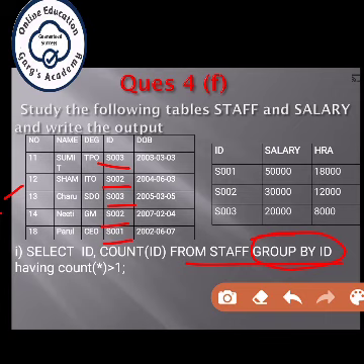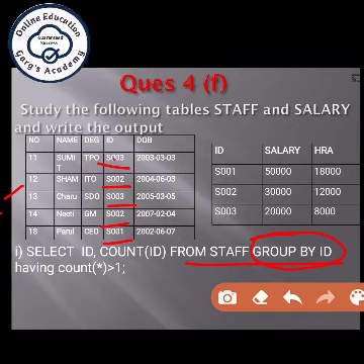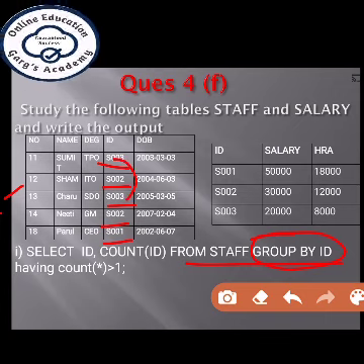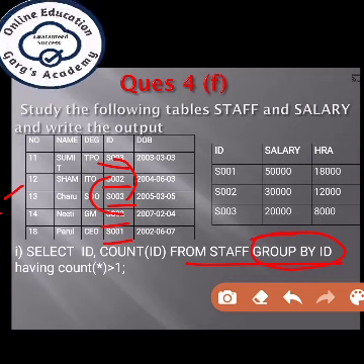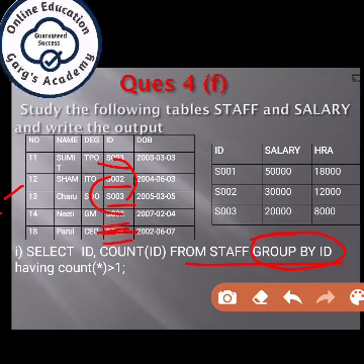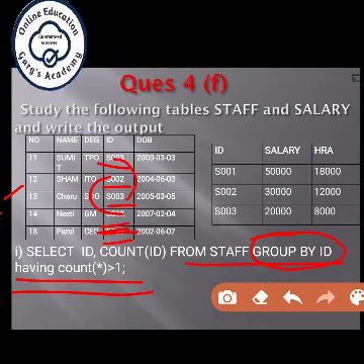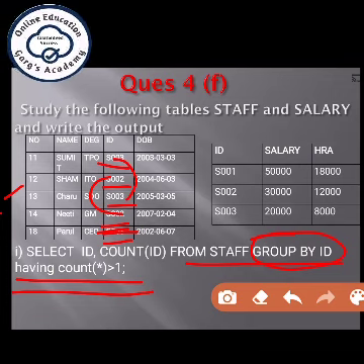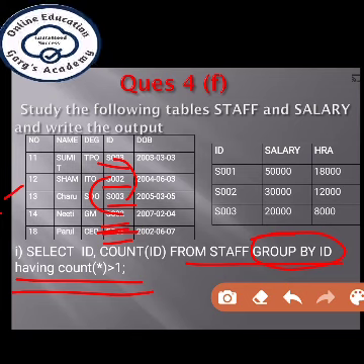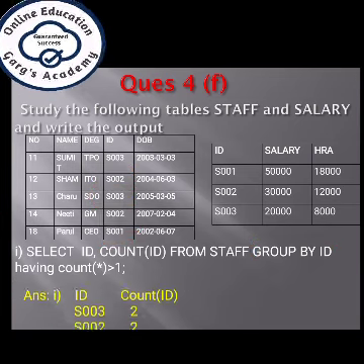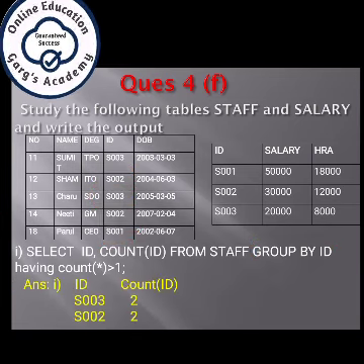There are how many records of the same ID? S003 has 2, S002 has 2 records, and S001 has 1 record. But the condition given is HAVING COUNT(*) greater than 1. Means you will write only S003 and S002. You will not write S001, and the answer will be this one.